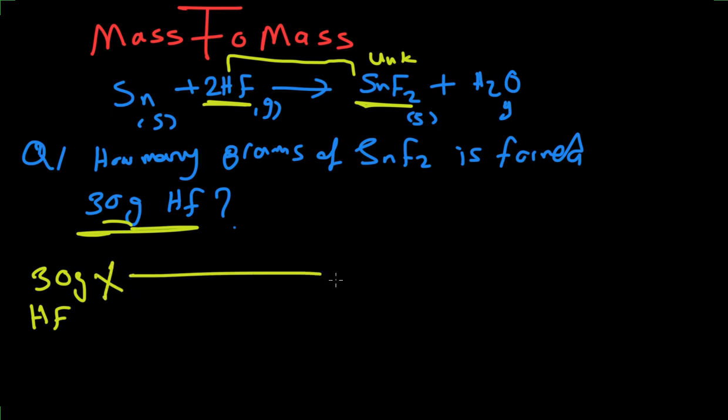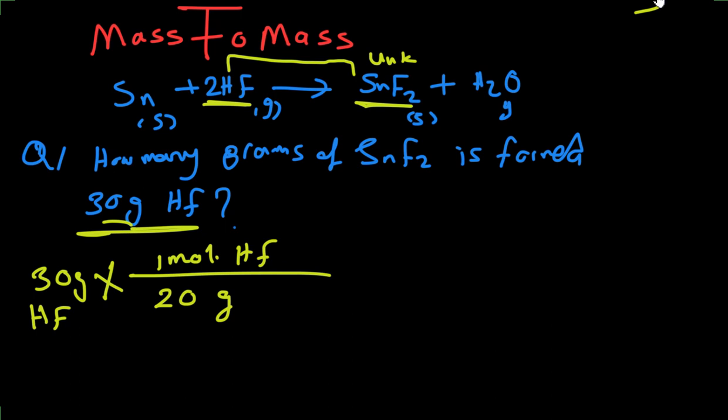Directly change it to mole by using molar mass. Molar mass of HF is equal to the molar mass of fluorine and molar mass of hydrogen. Almost equal to 20.01. So you will write 20 gram for 1 mole of HF. This is given.